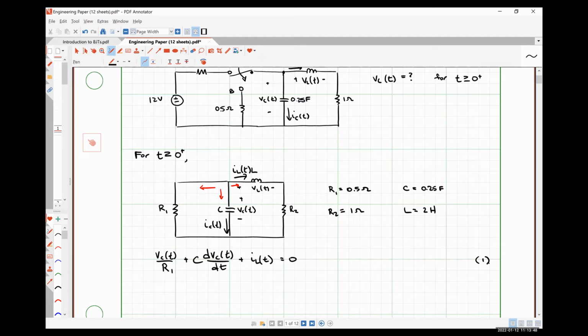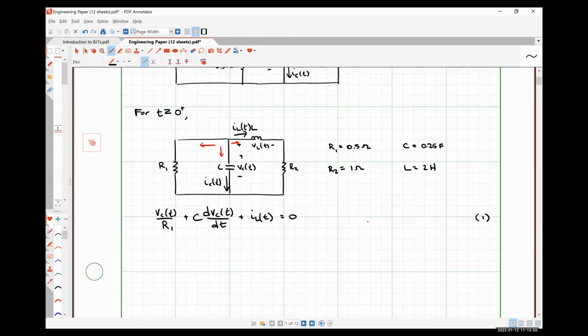So KVL at the right-hand side loop is going to give us our capacitor voltage VC is equal to our inductor voltage. So how do I express my inductor voltage in terms of my inductor current? L di by dt.